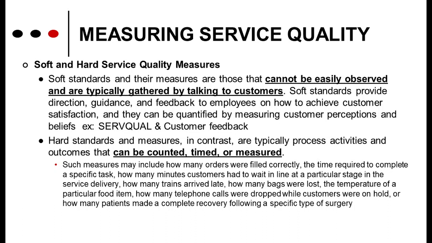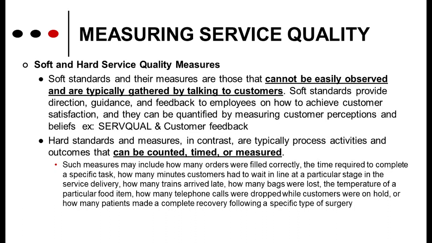Now, hard standards, on the other hand, are typically process activities and outcomes that can be counted, timed, or measured. What do I mean by that? There are a lot of examples in different service organizations. In a restaurant, how many orders were filled correctly.